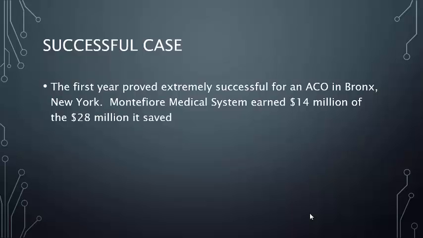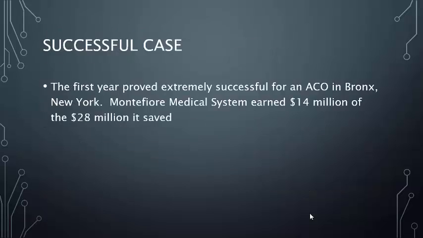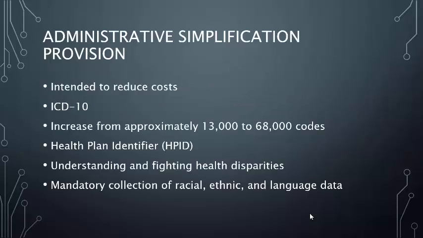And so there's some incentive to adopt such a system and to make sure that you are providing that efficient care to Medicare patients. And to be honest, this is care that can really only be done through those IT systems.